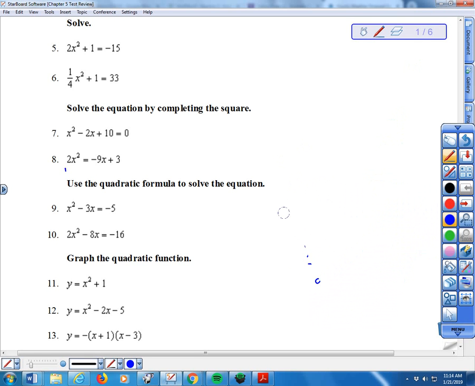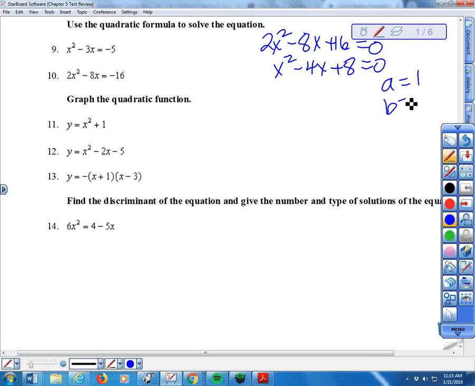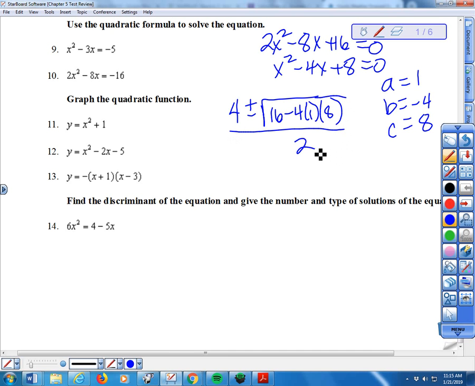Next one, again, I need to make sure I put it in standard form first. Because I'm solving, I can just divide everything by 2. Identify a, b, and c, and then put it in. b squared is 16, a is 1, c is 8, and all over 2. 16 minus 32 is negative 16.